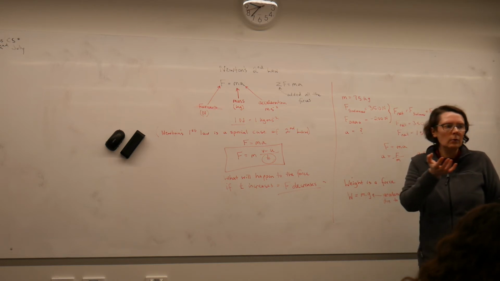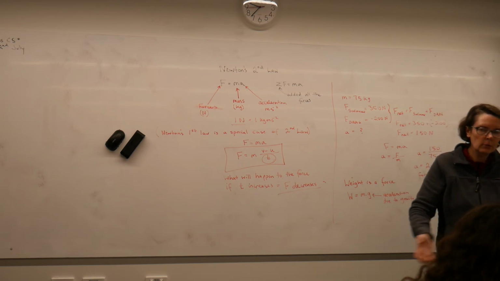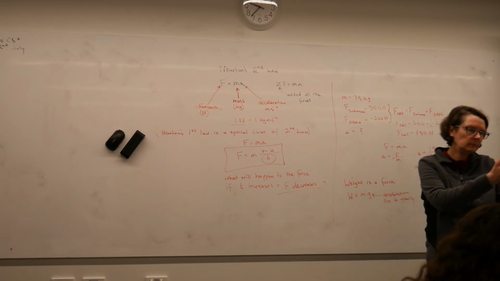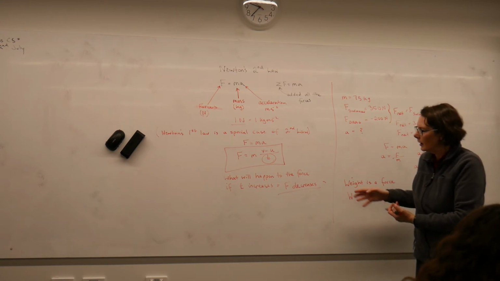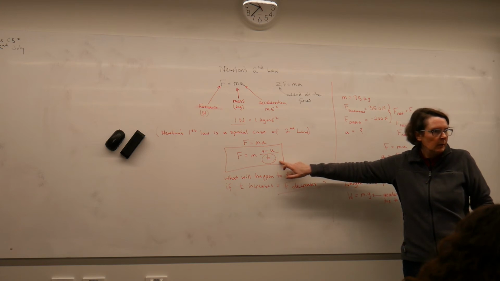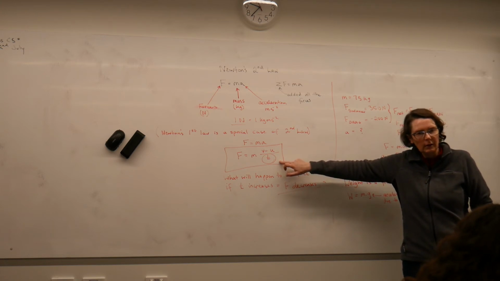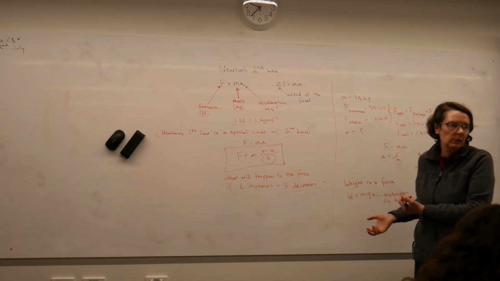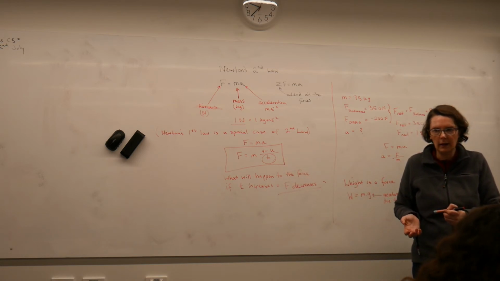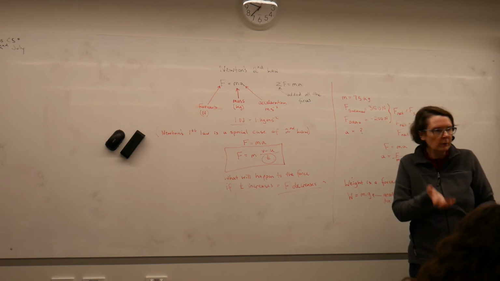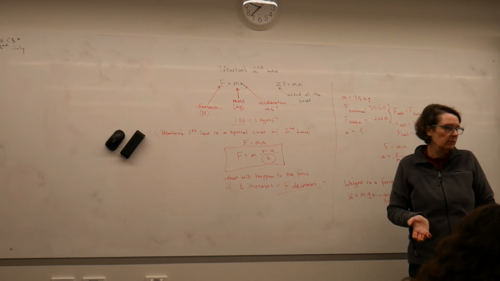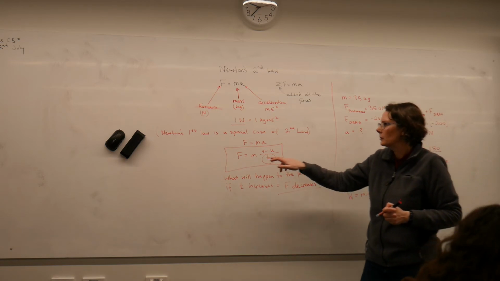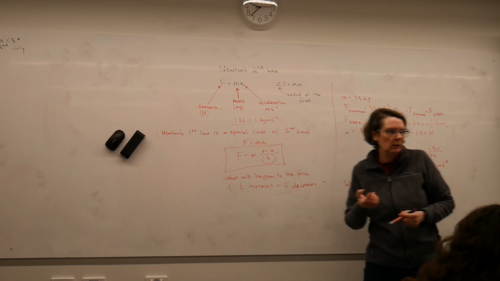And the other thing wicket keepers do is they move their hands backwards with the ball as they're catching it. They're doing that, again, to increase the time. The longer it takes them to catch the ball, the smaller the force that's hitting their hands. Okay, if they don't do that, they might end up with broken bones in their hands. Okay, because they're going to have the full force of the ball hit their hand.